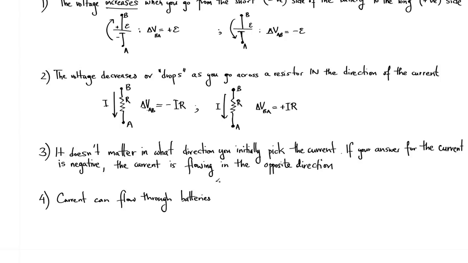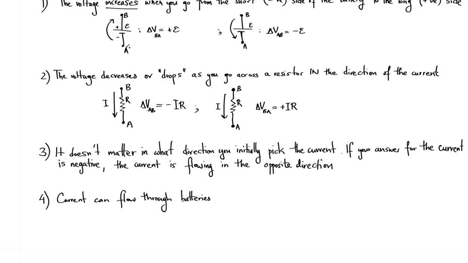But for the purposes of your circuit diagram, you can really just think of the current as flowing through the battery. The battery does not interrupt the current. Sometimes if you look at that symbol, it might look like the circuit is broken and you're not allowing any current to flow through. If I look at this symbol up here, it looks like it's a break in the circuit. But in fact, you could effectively think of the current as flowing through.